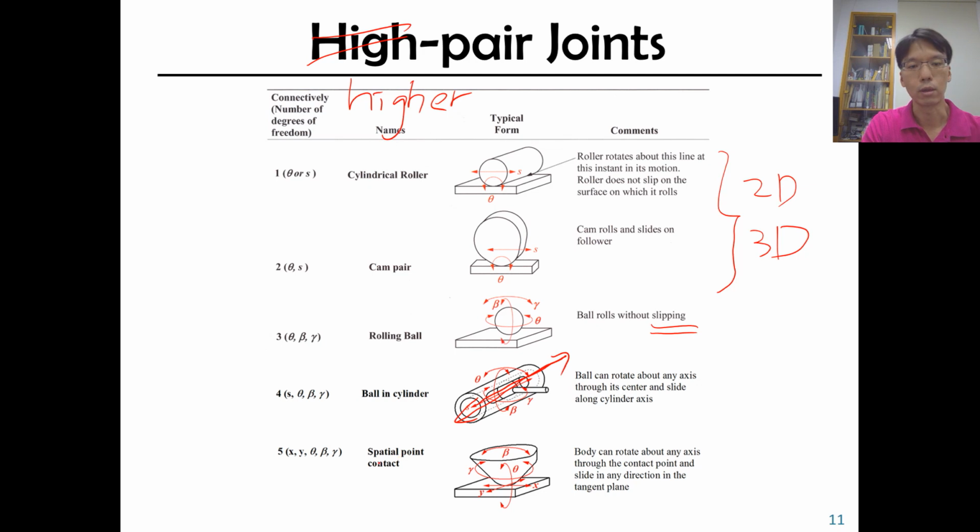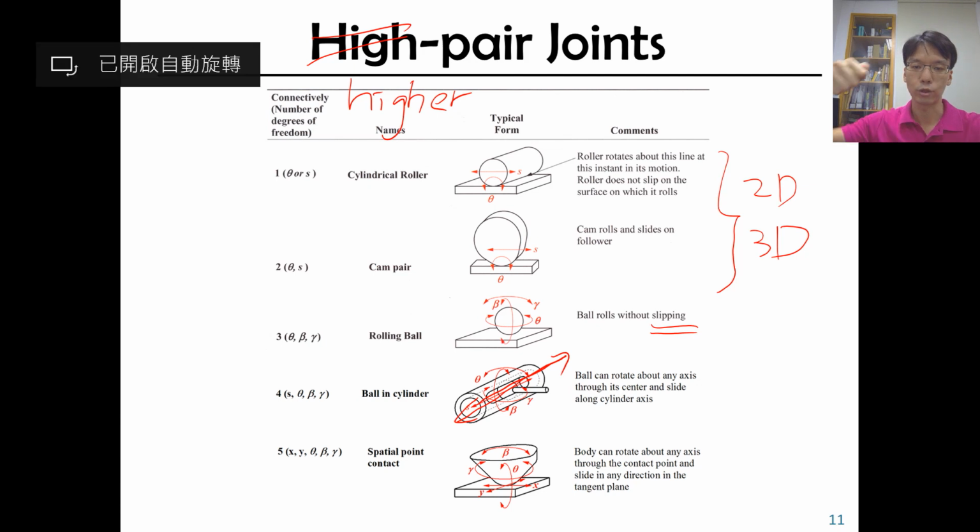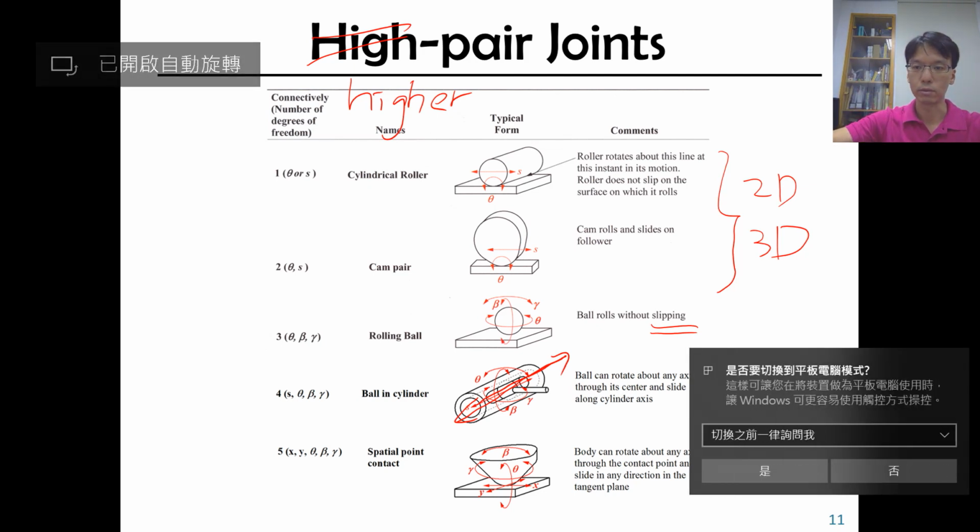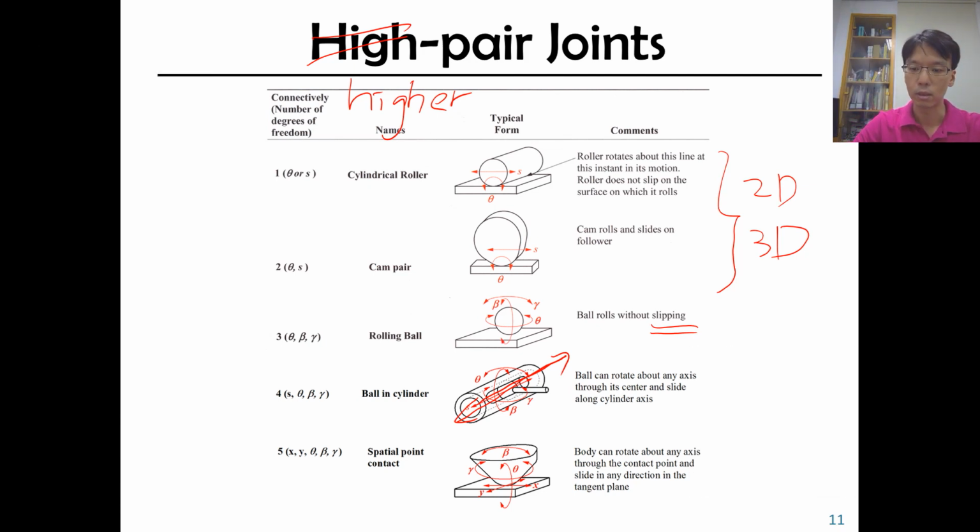And there's also the final one, a spatial point contact. That means the object contacts a surface, and it can move in either direction, and you can also rotate in any direction.